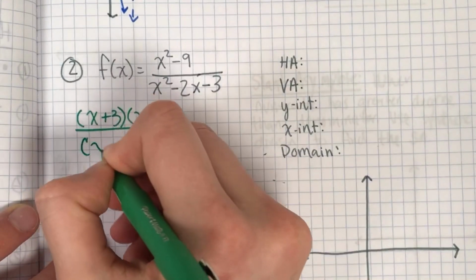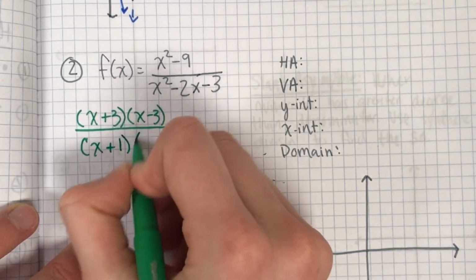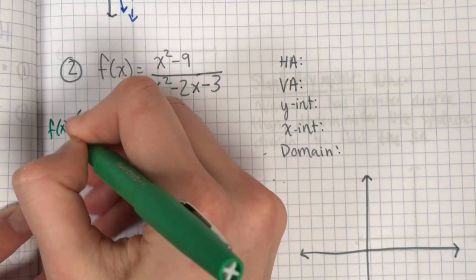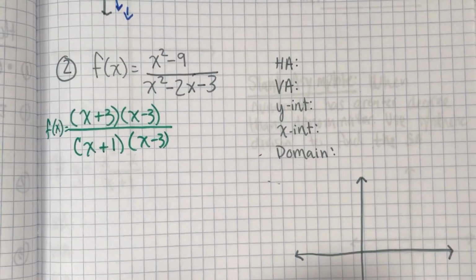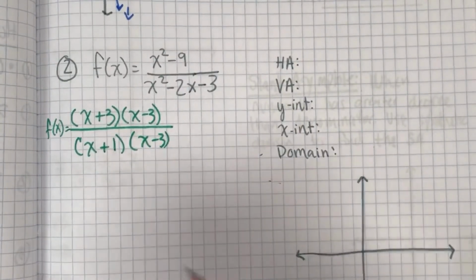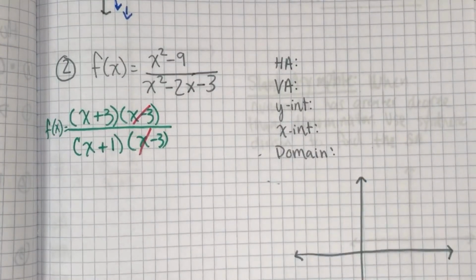And our denominator factors to (x plus 1)(x minus 3). Now from here, we can cross off factors and simplify this a little bit more.